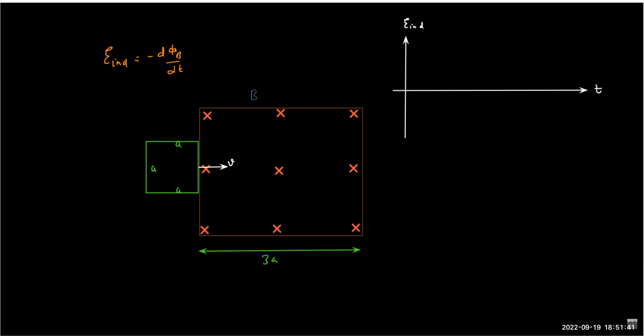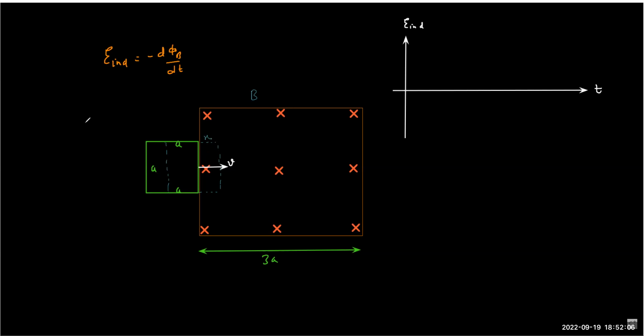Now, given the dimension, velocity, and B, can we calculate the d phi B by dt? After some time t, we can draw something like this. Let's say the loop has entered X value inside.